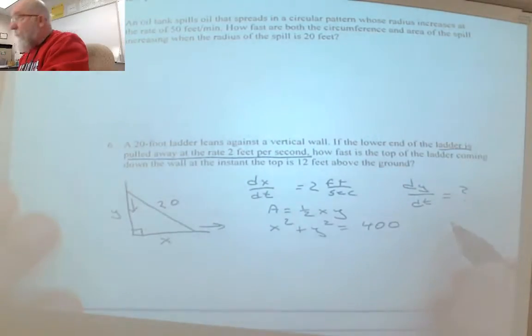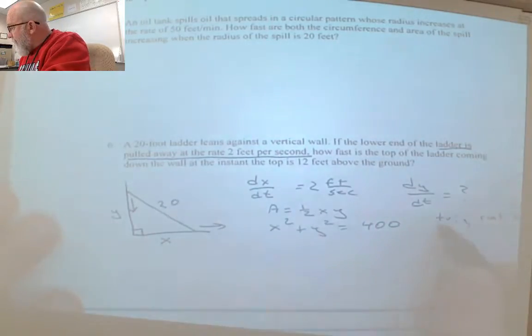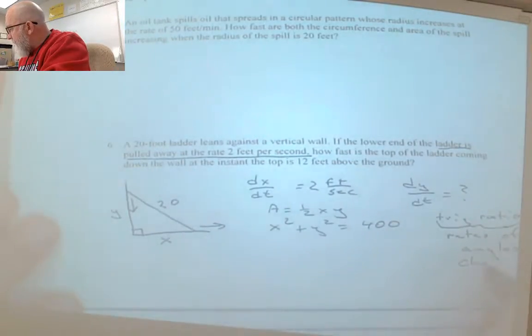And so over here, I'm not going to list them all, but we also have the trig ratios. We will use these to figure out rates of angles changing.